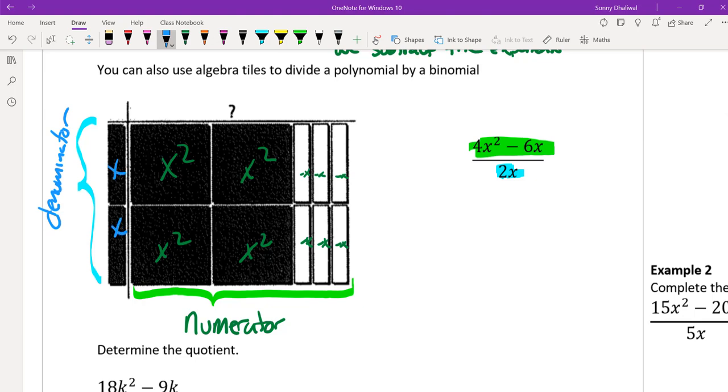We have a 2x. Okay? Now, it doesn't matter if I put this here or on the top. The stuff on the outside is the denominator, and the missing side is what it equals. What our division statement equals.